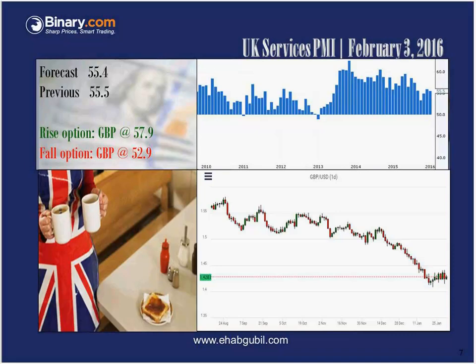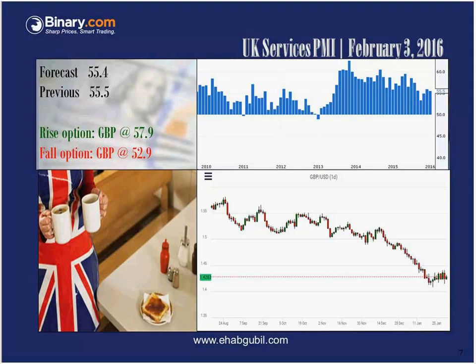Second news we will watch this week is UK services PMI that will be released on Wednesday at 9:30 a.m. UK Services Purchasing Manager Index could be another strong release out of UK, with the market paying close attention to news out of UK, which determines the short-term direction of sterling.